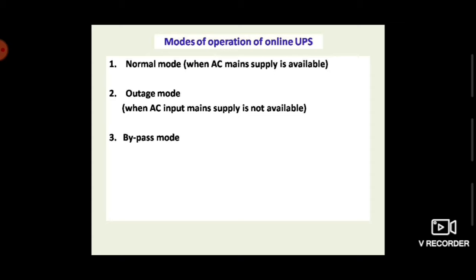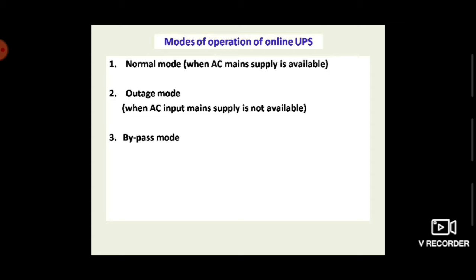So if the inverter or the rectifier becomes faulty, then this mode will start to operate. The normally off bypass switch, that is the main static switch, is turned on, and the load is fed directly from the main supply.